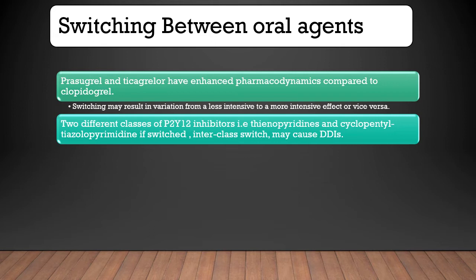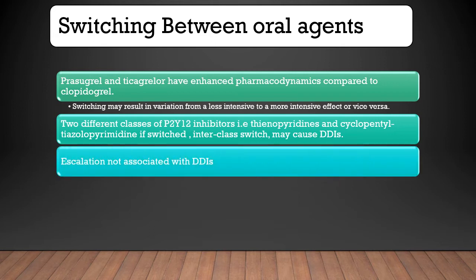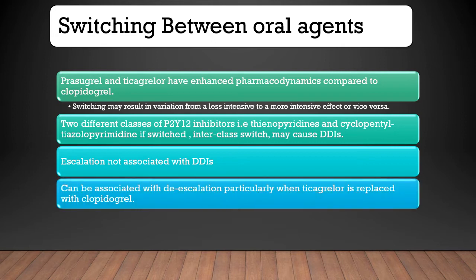If these are switched, this is referred to as an interclass switch, and this may also result in drug-drug interactions. Generally, escalation is not associated with drug-drug interactions, but they can be associated with de-escalation, particularly when ticagrelor is replaced with clopidogrel.